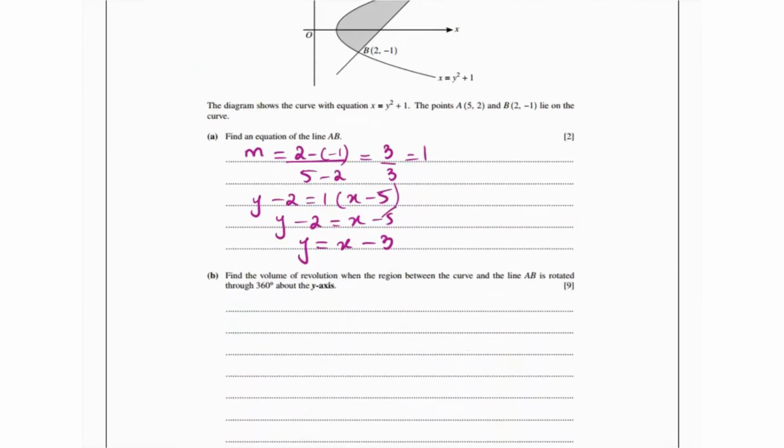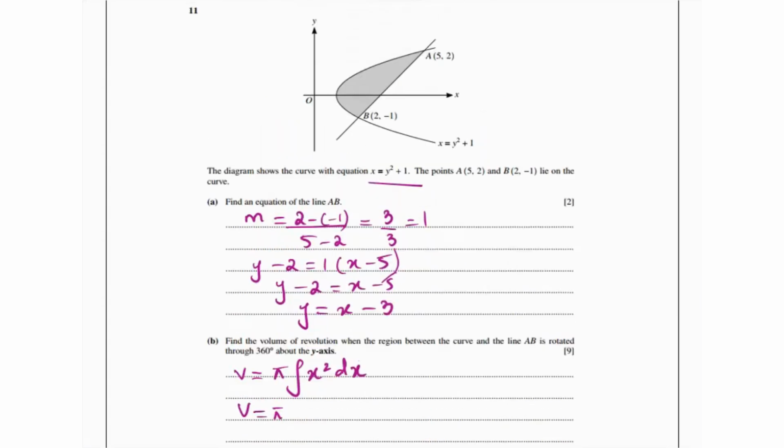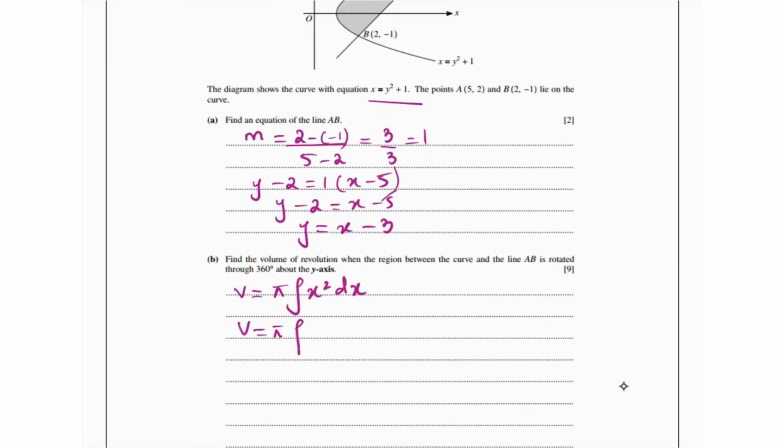When you're rotating about the y-axis, it's going to be pi integral of x squared. So if you notice in the question, the equation is x equals y squared plus 1. So our limits are also going to be the y values, which are negative 1 and 2. So lower limit is negative 1, upper limit is 2.